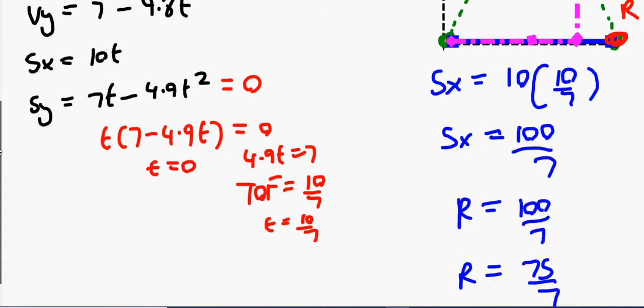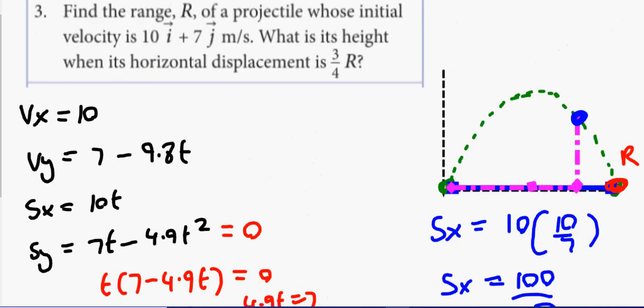So what the question really is: when you're at displacement of 75 over 7, what is your height? Height is an Sy equation. Would you agree with that? Up and down is Sy.